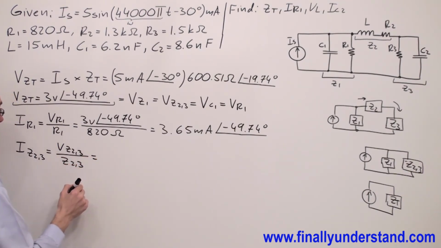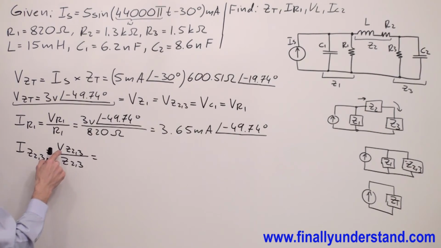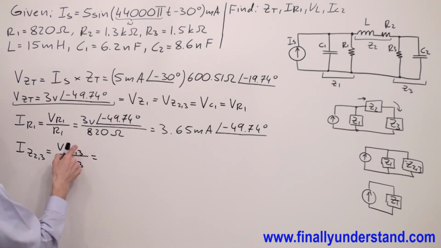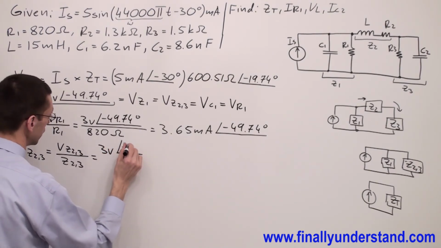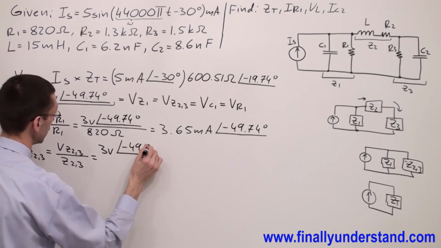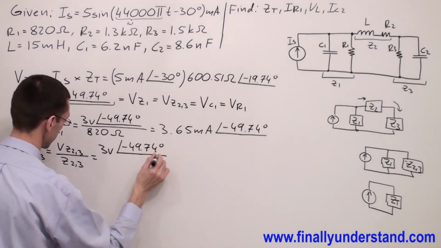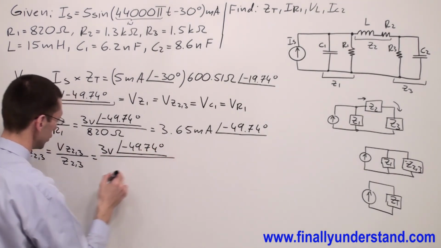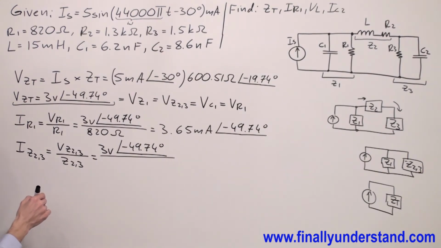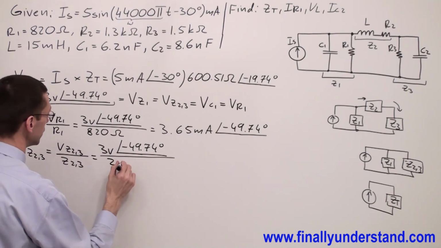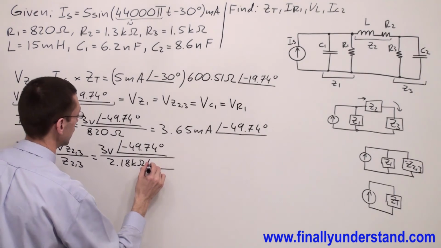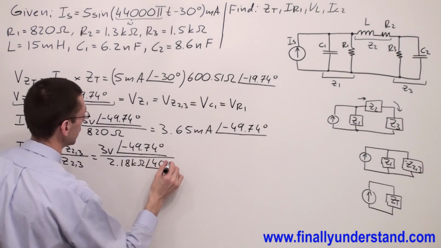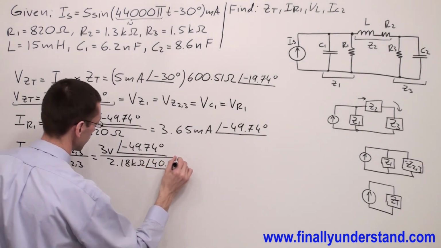Okay, we said that the voltage Z23 is equal 3 volts and angle of negative 49.74 degrees over Z23 is equal 2.18 kilo ohms and angle of 40.72 degrees.